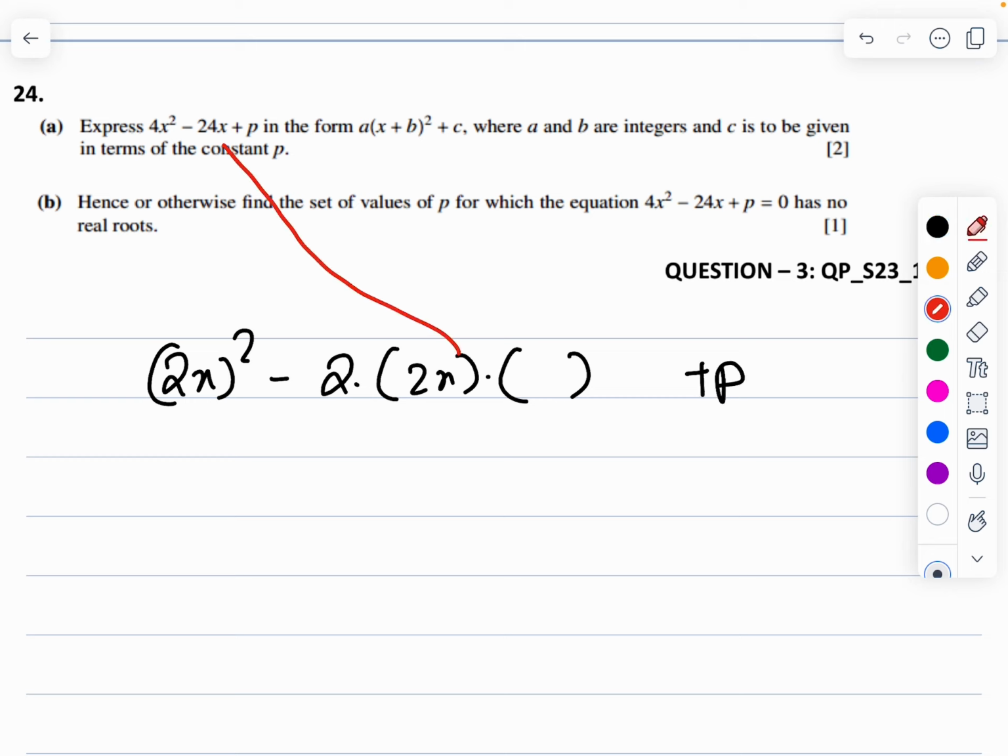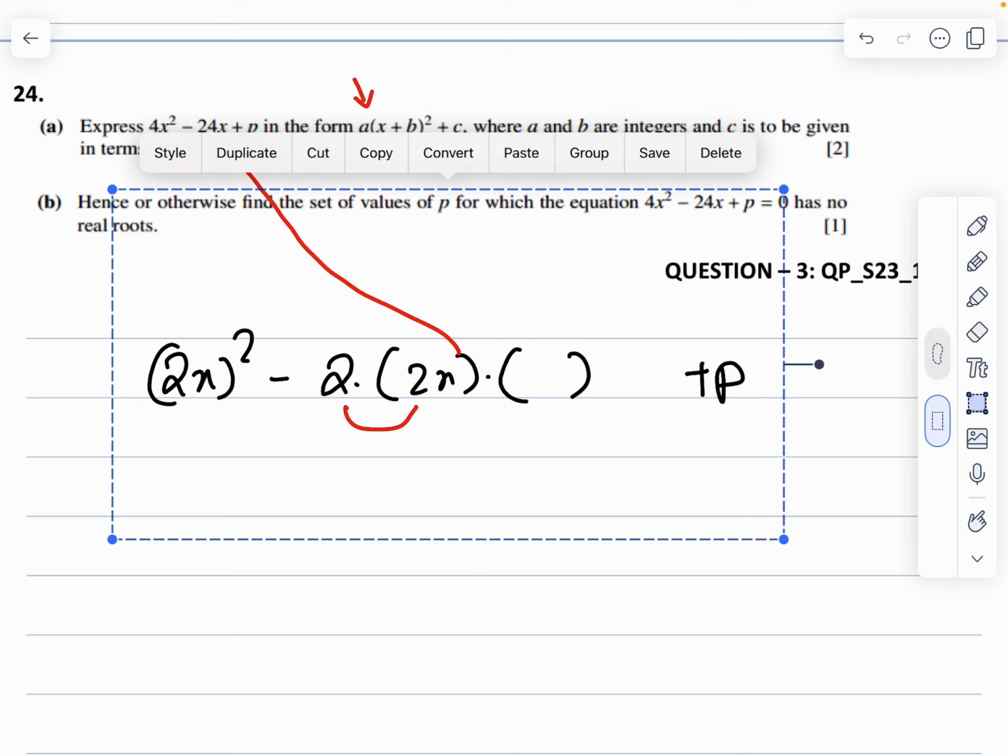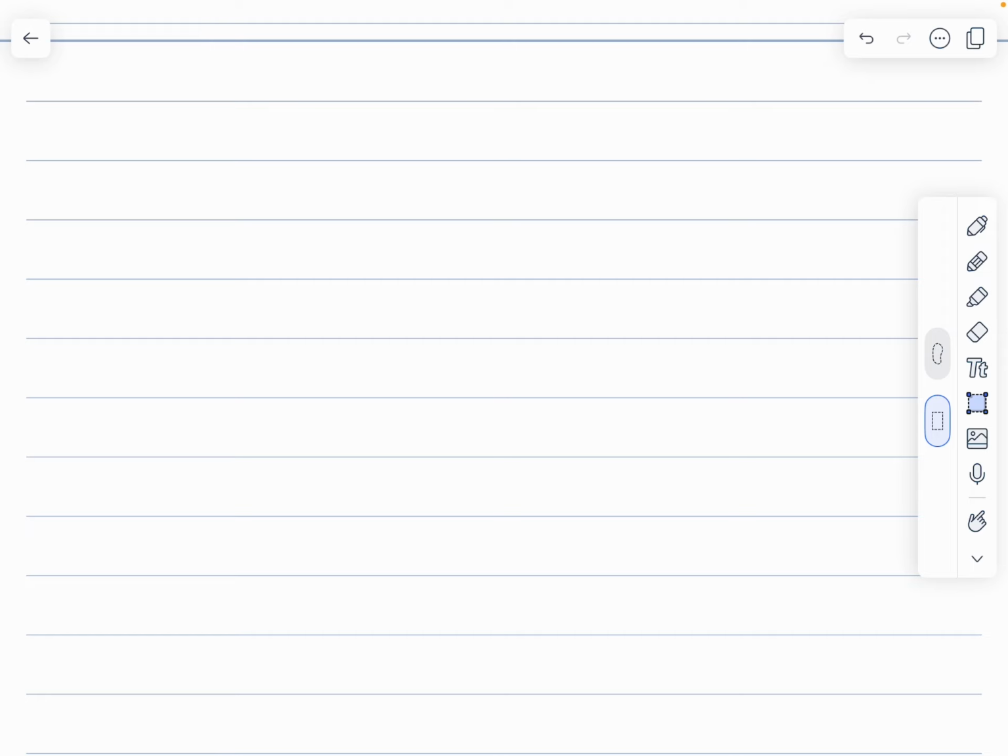So this term should become 24x. So 2 times 2 is 4, 4 times 6. But what is he saying over here? He is asking us to take a common, so we cannot do it in this way. So what am I supposed to do?